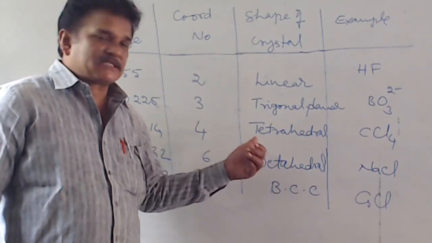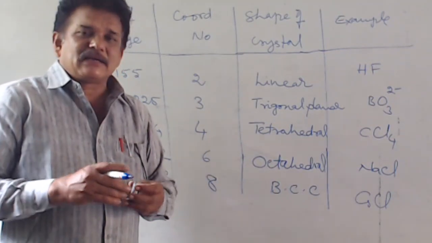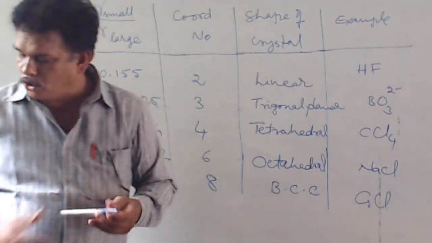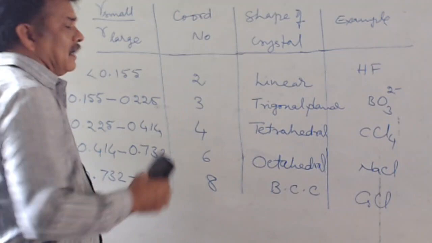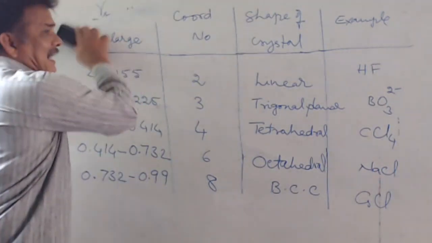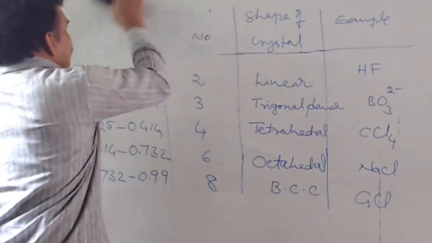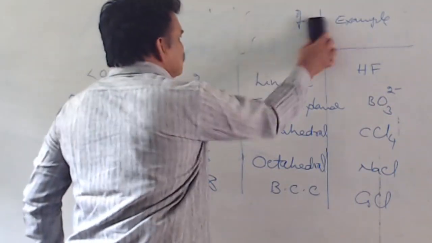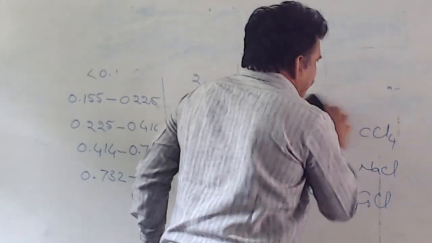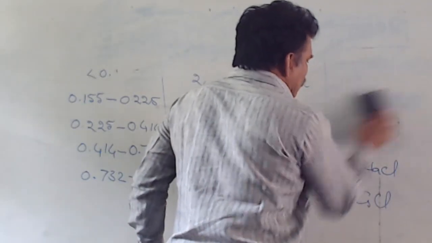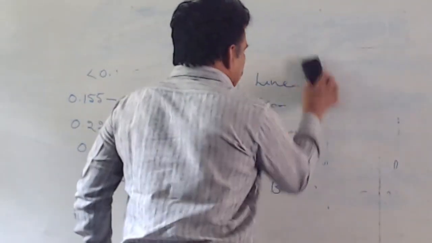Next, when these particles come close to each other, then these particles are treated as spheres. When these particles are treated as spheres, there will not be complete contact with each other.